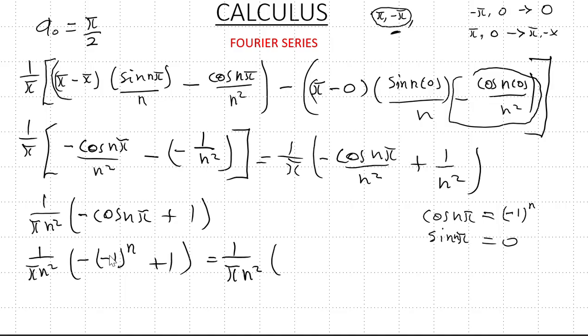So this affects that, so it's going to be 1 power n plus 1. So this is what we are getting for a subscript n. So a subscript n is equal to 1 over pi n squared, bracket open, 1 power n plus 1.